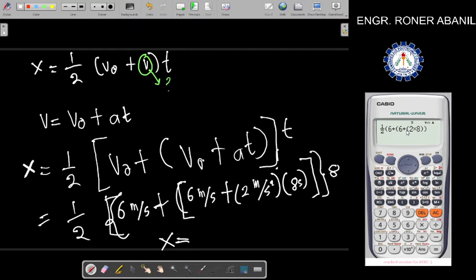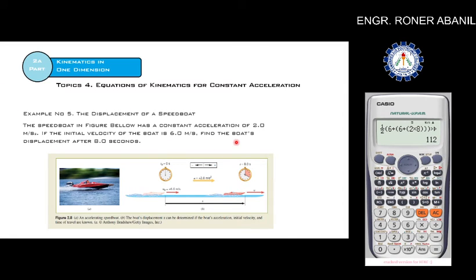Multiply by 8. Okay. So, lalabas yung distance natin is 102 meters na yung final answer. So, ayan. So, sa mga itong problem, tandaan lang natin yung mga formula natin, no? So, ayun. Yun yung answer dito sa example number 5.